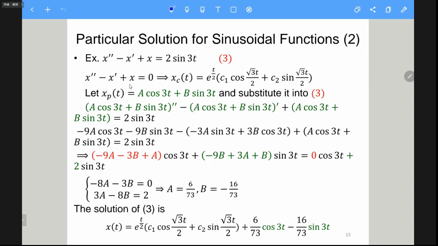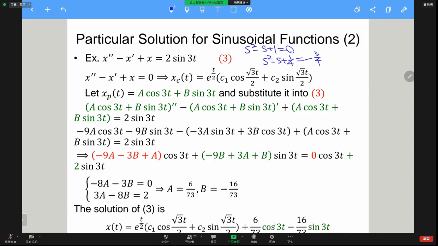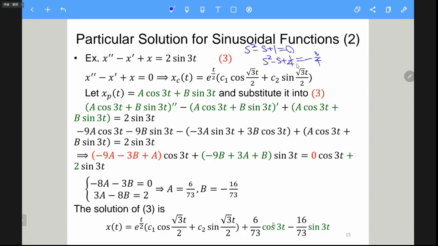Okay, so this one is actually s squared minus s plus 1 equals 0. So you will have s squared minus s plus 1/4 equals negative 3/4. You just separate 1 into 1/4 plus 3/4, and move the 3/4 to the right side.